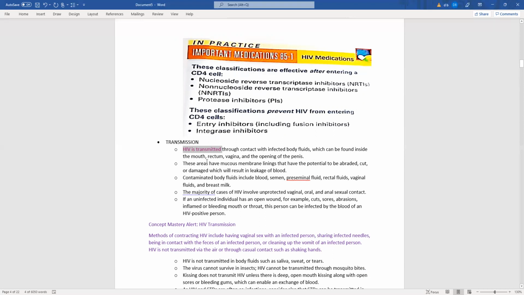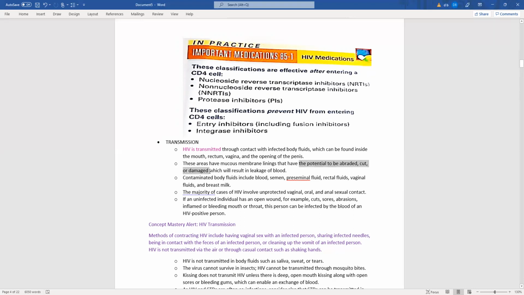These areas have mucous membrane linings that have the potential to be abraded, cut, or damaged, which will result in a leakage of blood.